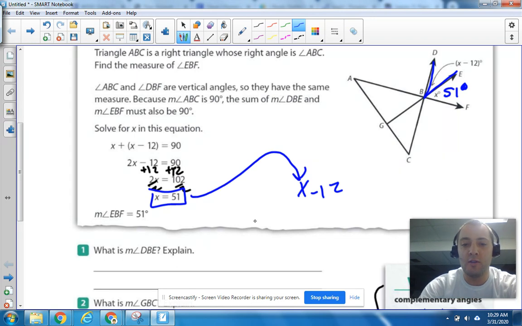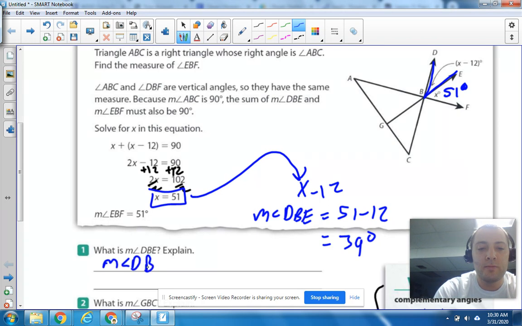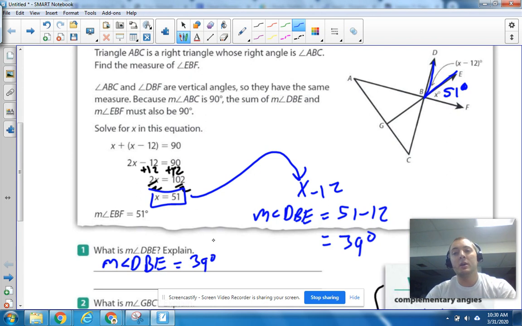So then the measure of angle DBE would equal 51 minus 12. 51 minus 12, if you check it out, is 39. So 39 degrees. So the measure of angle DBE for number 1 here is 39 degrees. You just have to explain what you did there.